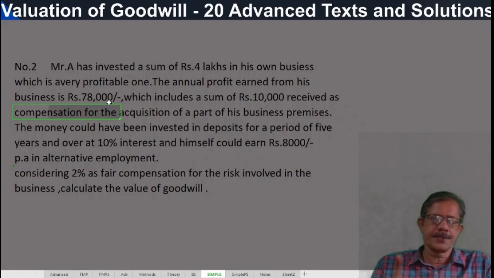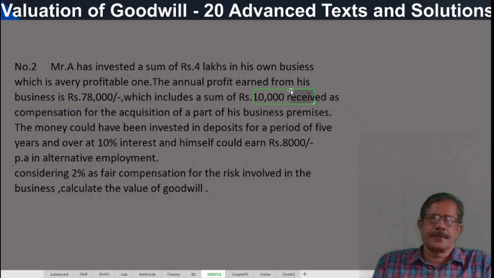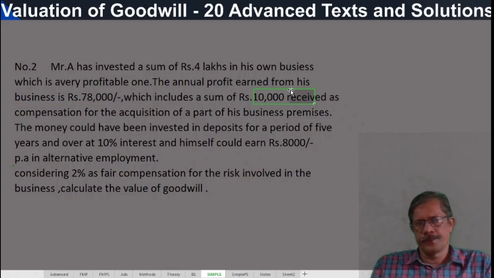Here only 1 year is given. So from 78,000, this 10,000 rupees should be deducted. You know that. Compensation for acquisition of a part of business premises. So we can write like this.